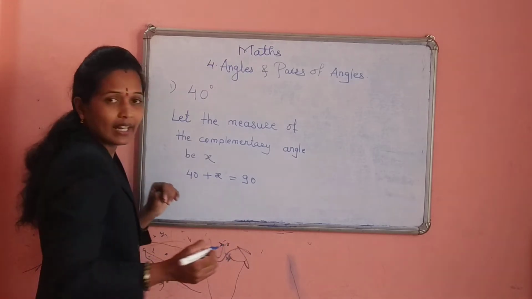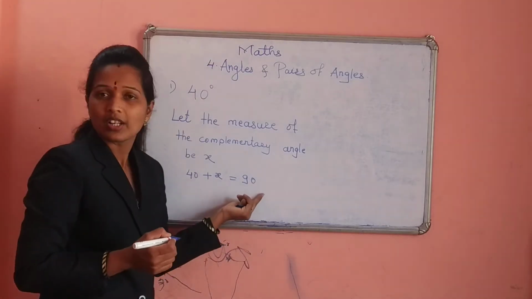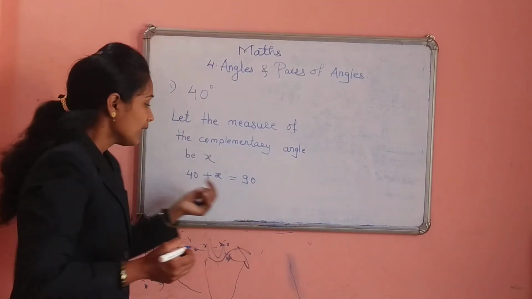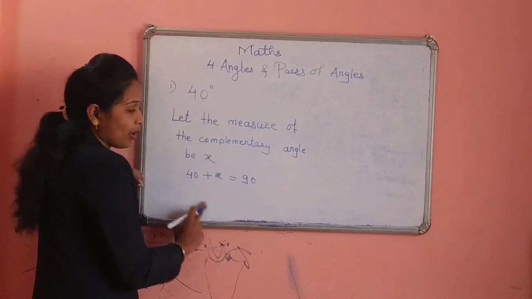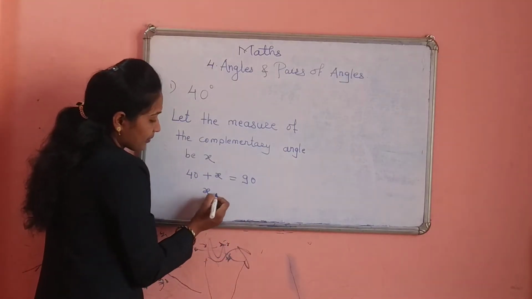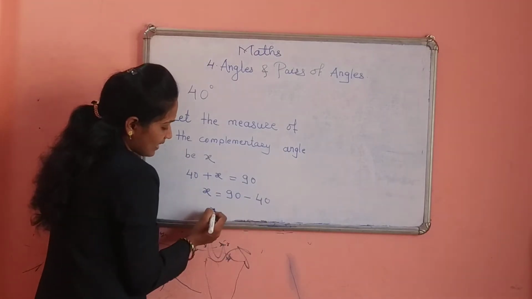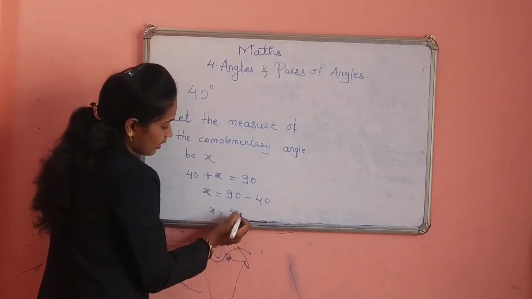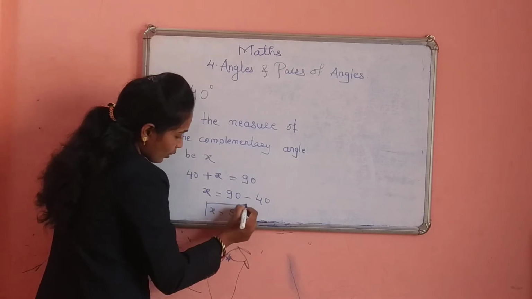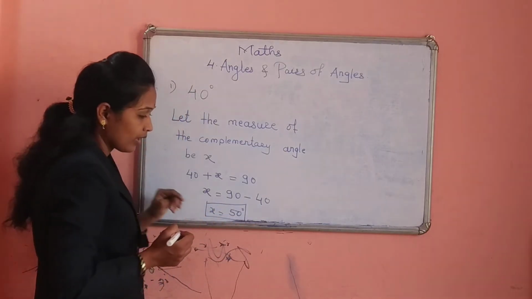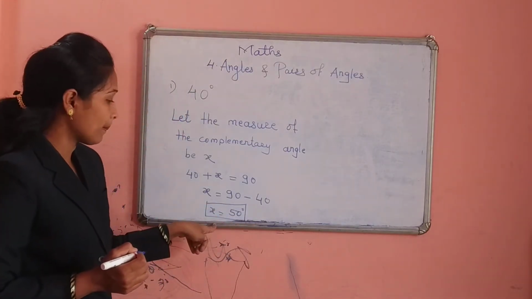Why we have to take 90? Because both angle measurement is 90 degree, so we have to take 90. We know that 40 is positive, that side it is negative. X is equal to 90 minus 40. So x is equal to 90 minus 40, answer comes 50 degree. So this is our x. X means we can consider the complementary angle.